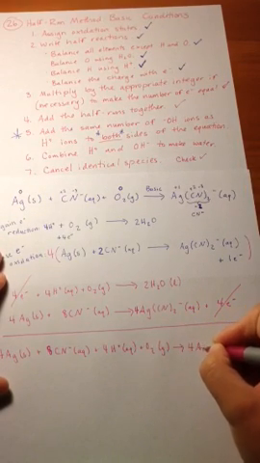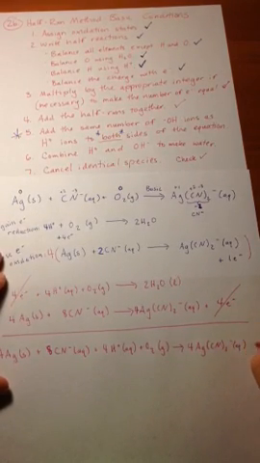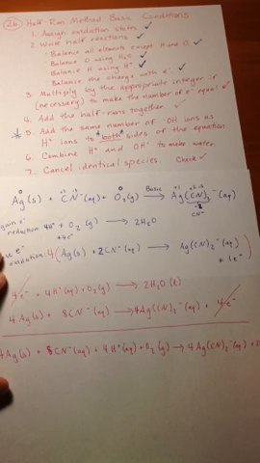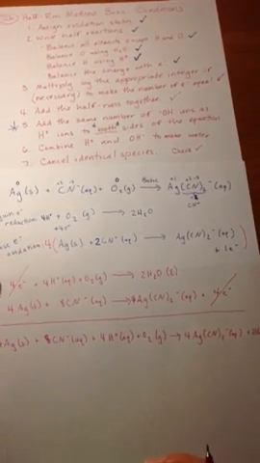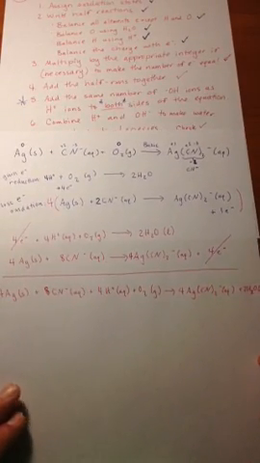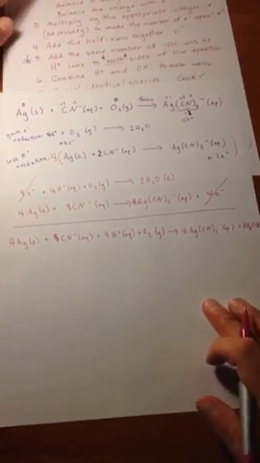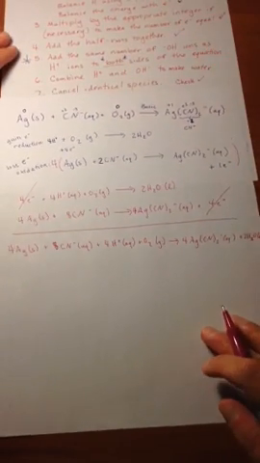So I'm just rewriting what hasn't canceled. The only thing that did cancel was our electrons. Everything else should be still hanging around. Let me zoom that out. Our equation's kind of getting long. It's hard to see. Okay, there we go. So at this point, we've added the half reactions together.